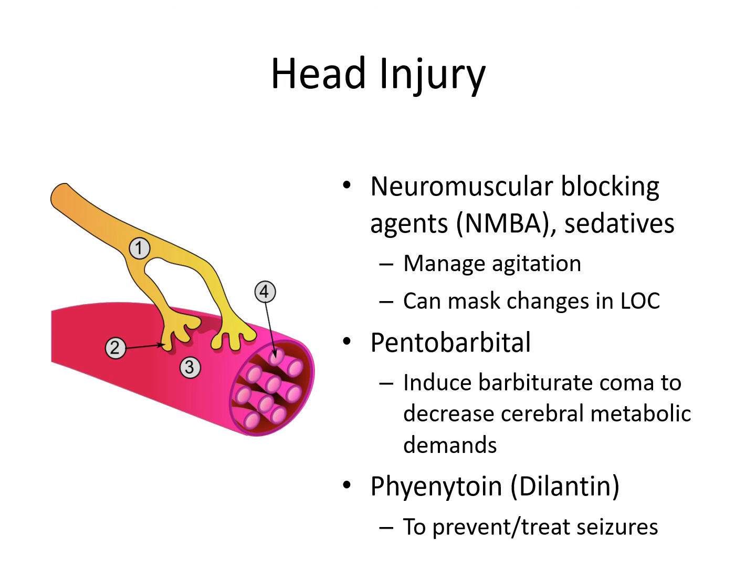And they will paralyze the patient's muscles, skeletal muscles. Okay, they're neuromuscular blocking agents. Sometimes that's necessary to manage agitation in our head injury patients. Okay, certainly it's not an action that we take lightly, but it may be necessary to manage their agitation, their behavior after head injury.